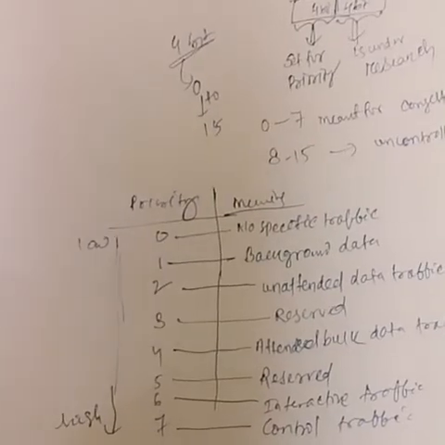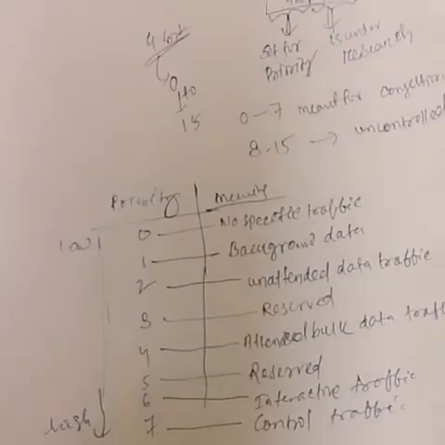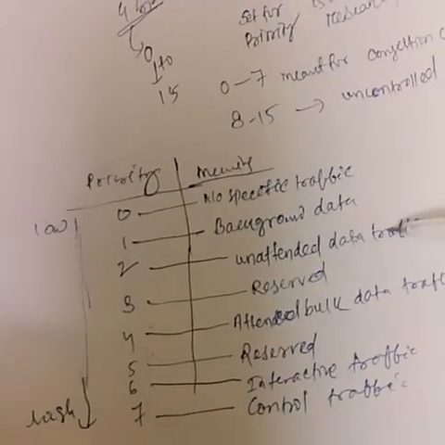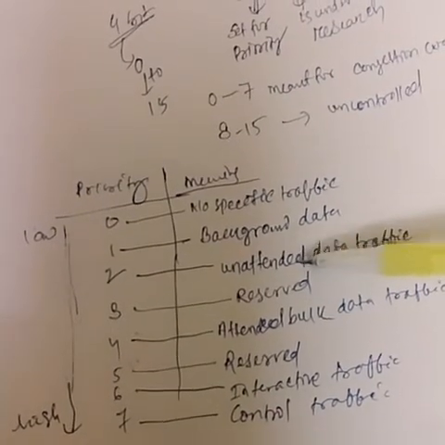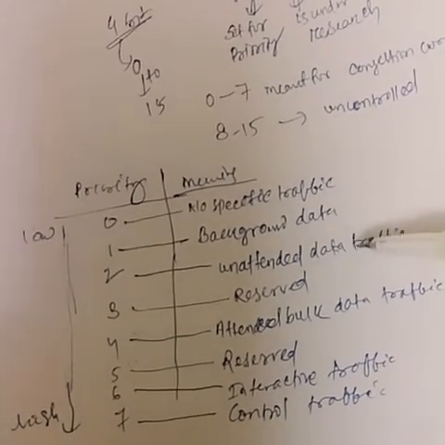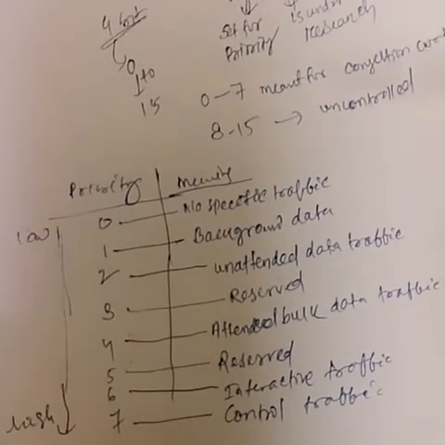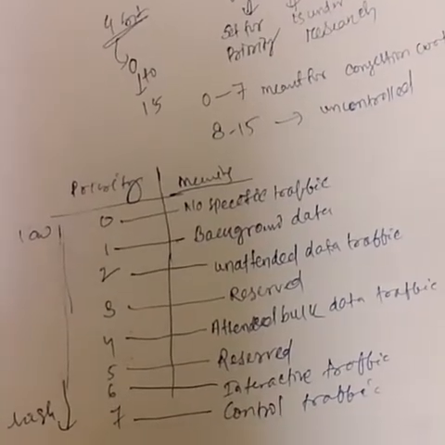Third is unattended data traffic. What is attended? Attended means someone is sitting with the system and wants the data.